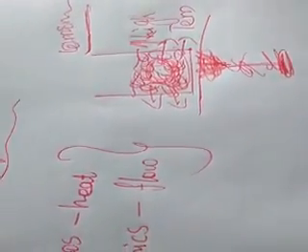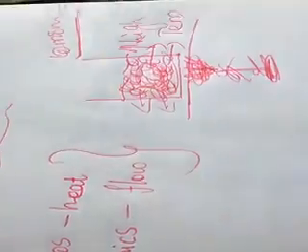So this is flow of heat, transferring heat from one system to another system, from higher temperature to lower temperature, or from lower to higher temperature, from system to surroundings or from surroundings to system.